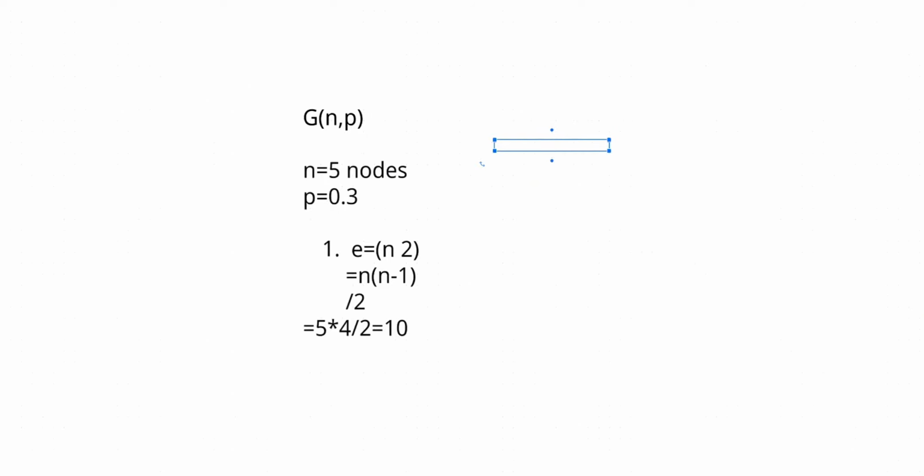Now let's do the same thing for node 2 and remove 1 and 2 as well. So there might be an edge between 2 and 3, another between 2 and 4, and finally another between 2 and 5 in this case, right?